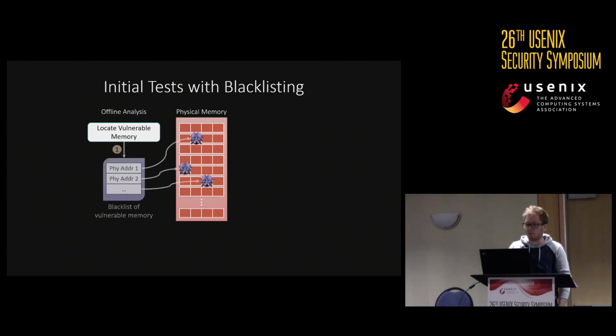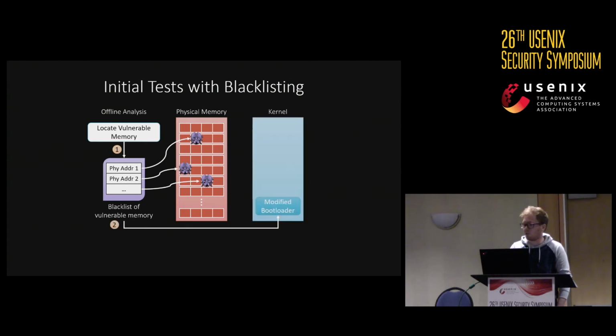And we then patched the popular open source bootloader GRUB to disable the respective memory if we give it such a list during boot. As a consequence, the vulnerable rows are not available to the operating system, because the bootloader loads the operating system, and the operating system initializes the memory from the memory list that it is given.